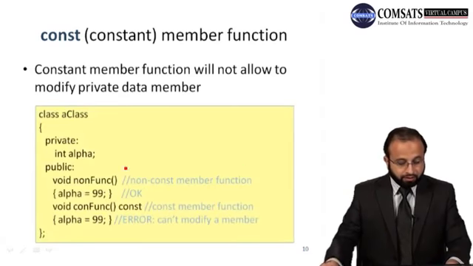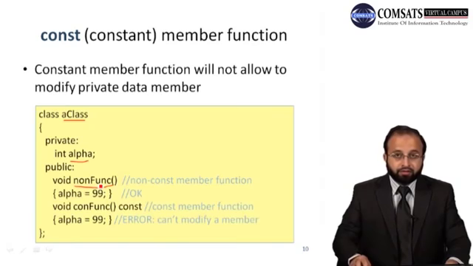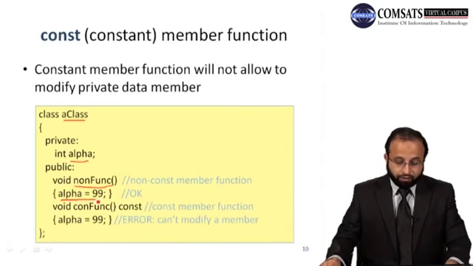Let's say this is a class named A class, whose private data member is alpha. This is a non-constant member function, non-FUNC. If we create an object of A class, it is possible to call non-FUNC with that object, and it will change the value of the private data member of that object to 99.